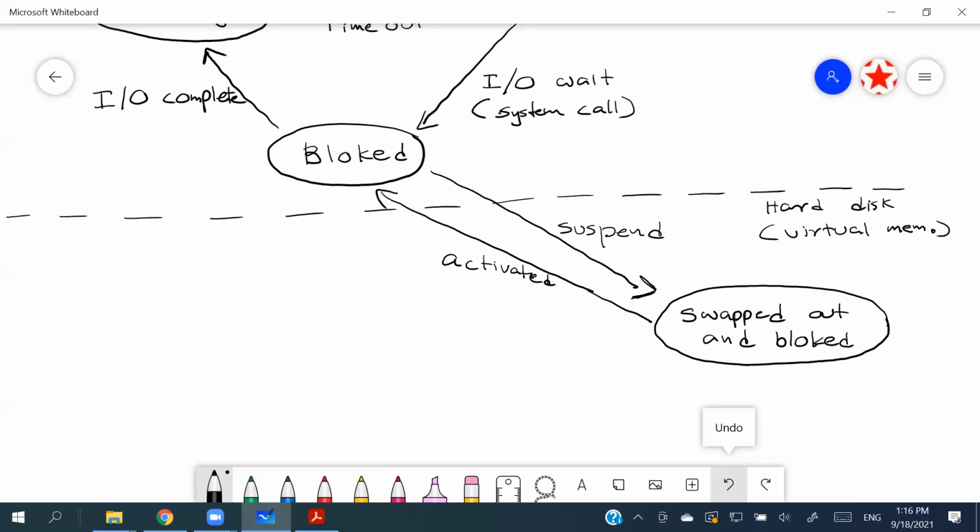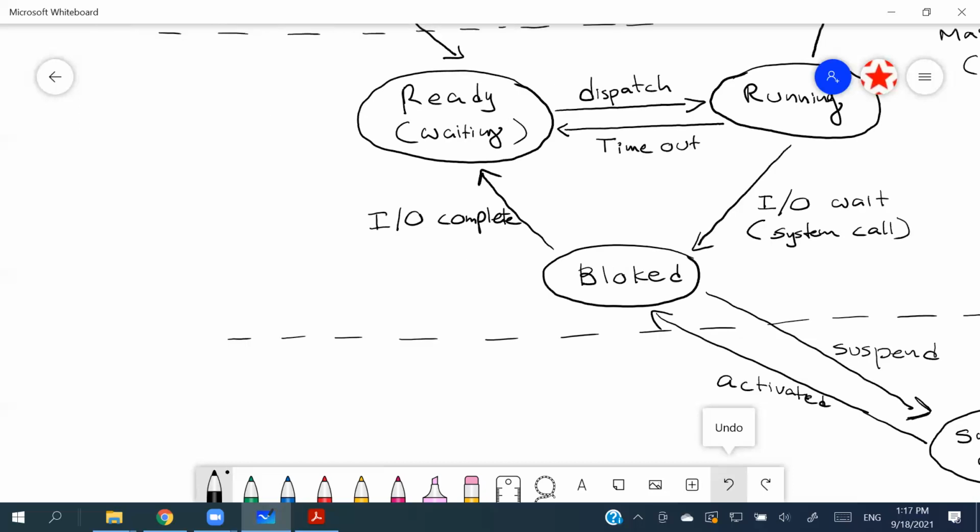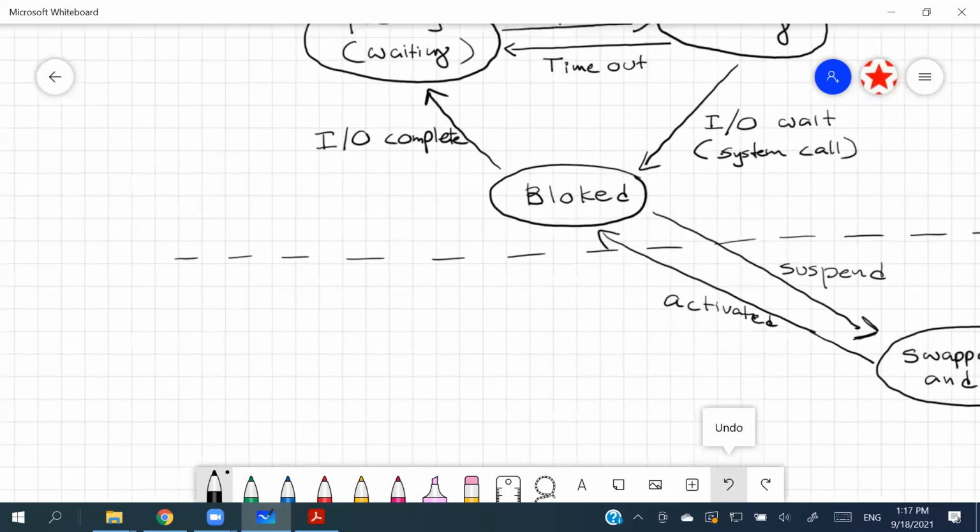So this is regarding a blocked process. Now there is a process regarding waiting processes as well. So it has a separate state called swapped out and waiting.